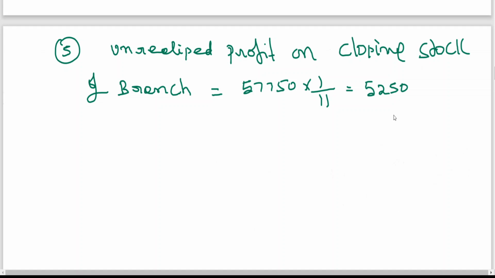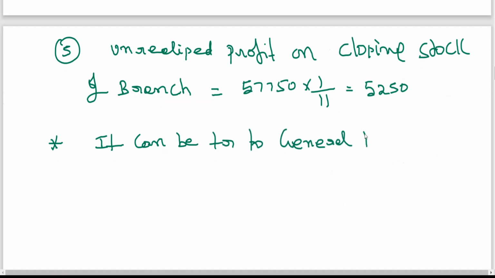Clear to all of you? 5,250. So this 5,250, here I am giving a note: it can be transferred to general P&L account. This is what we have done.